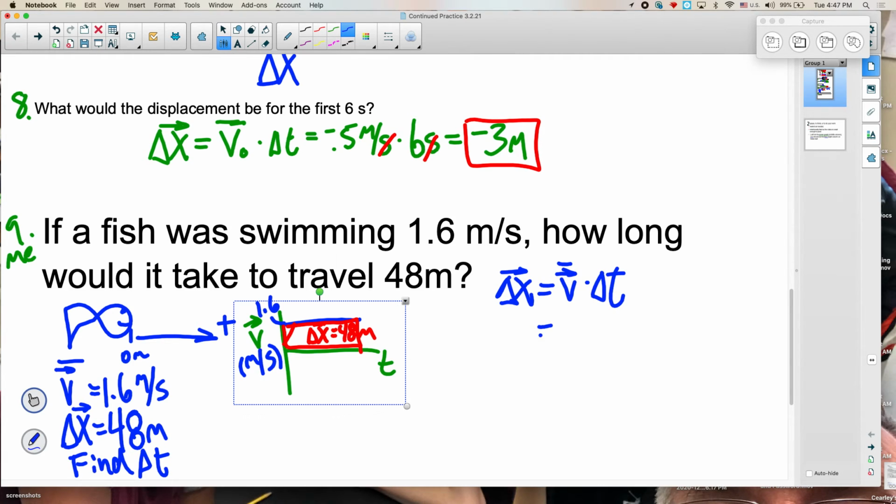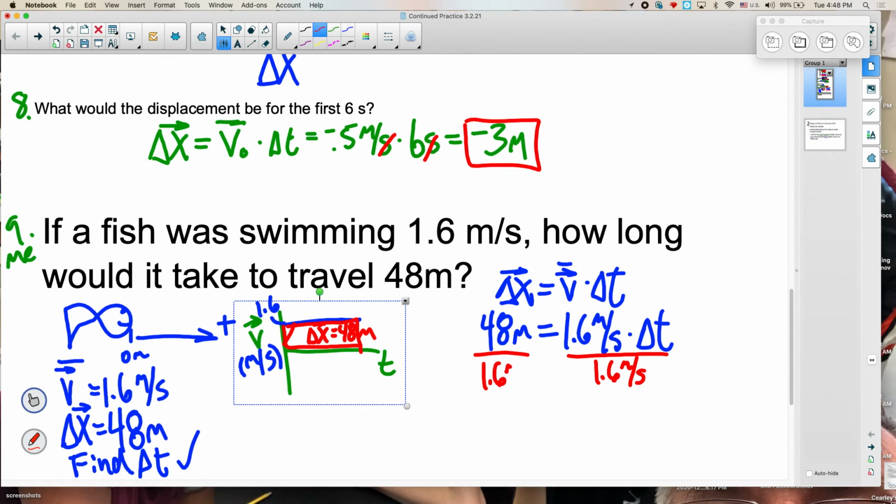In this case, we know the displacement is 48 meters. We know that the velocity is 1.6 meters per second, and that's times change in time. To find the change in time, which is what we were asked to do, we have to get change in time on the side all by itself. Right now, we're multiplying it by 1.6 meters per second, so we do the opposite and divide both sides by 1.6 meters per second.